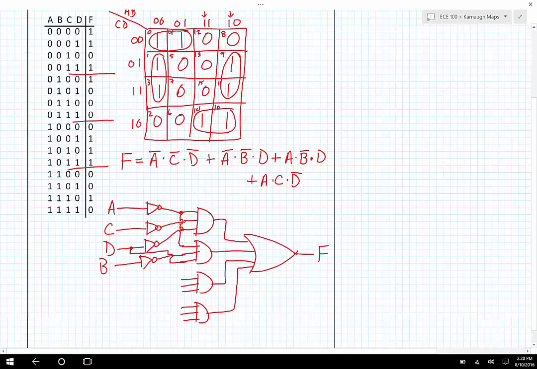Okay, well, A is here. Okay, and then not B, well, the closest place I can get not B is right there. And D, okay, D is right here. It really gets kind of painful to draw these circuit diagrams and even more painful to read them. And then A, well, the closest that I had A was right here, so I'm going to grab A right there, bring it into this input.